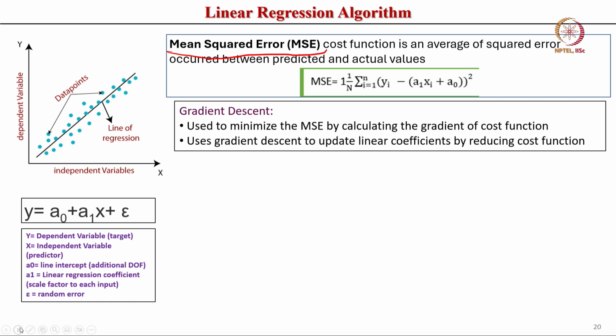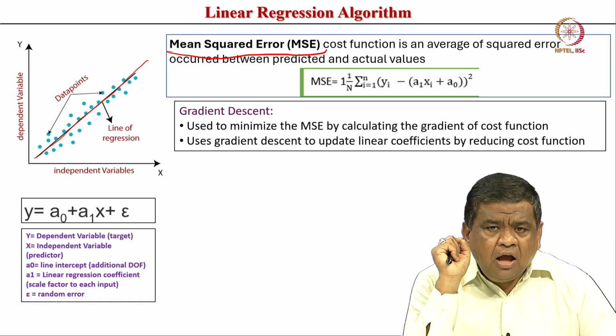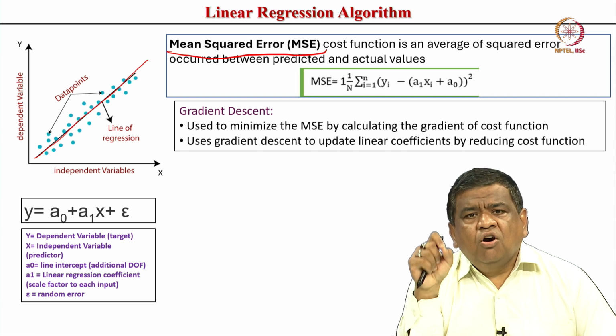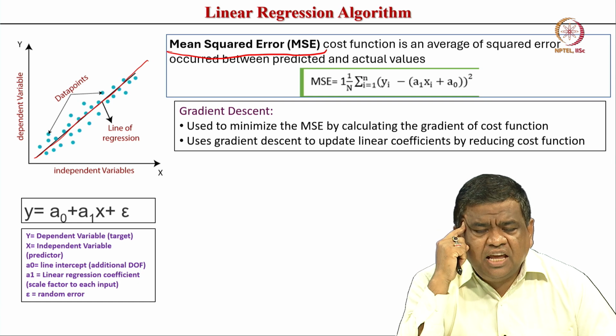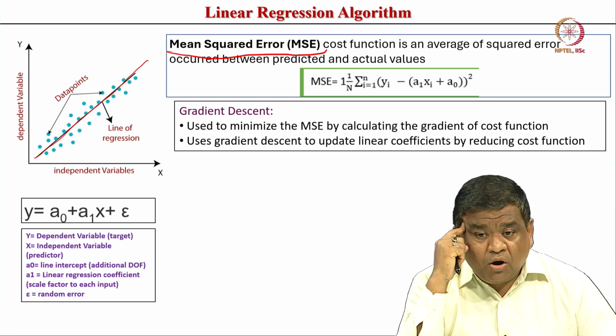Now, here you have random data points, and this particular 45-degree line is called the line of regression, where y is your dependent variable and x is your independent variable. I recall at the beginning of the artificial intelligence and machine learning discussion, I mentioned categorically that AI ML is most effective when there is no established empirical relationship between the output and input variables, that means dependent and independent variables. In those kinds of cases, AI ML plays an important role.